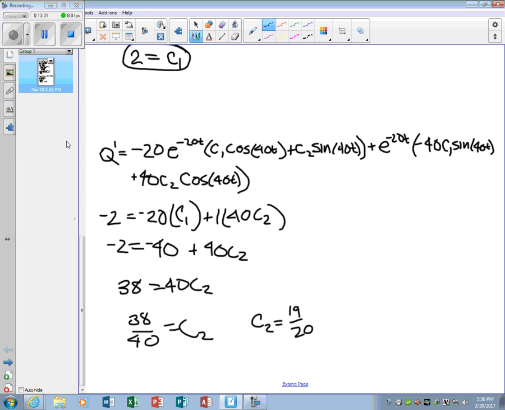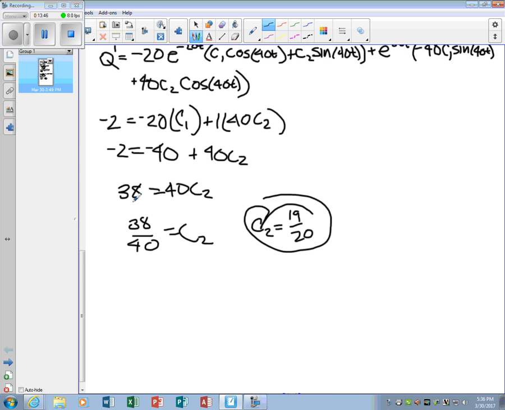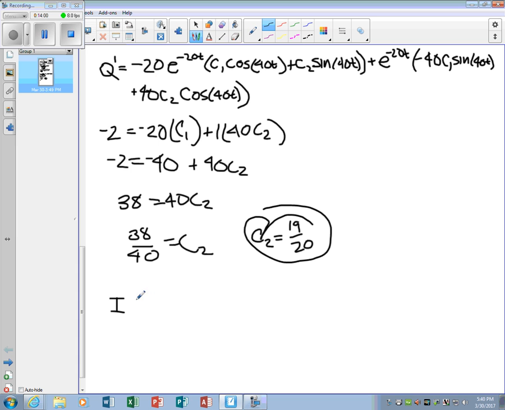So we have that, and what we're going to do with that is plug it right back into our Q prime to find I. Okay, so now let's plug it in for I. I'm just going to call it I over here, and then we're going to put in our C1 and C2.